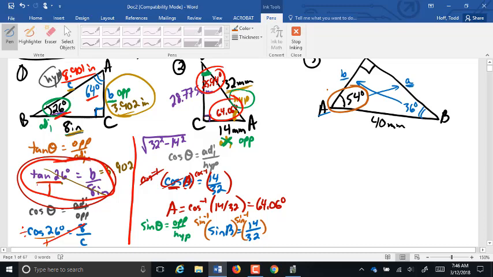Using my given angle of 54 degrees, B is which leg? Adjacent, because it touches the angle. That would make A opposite, and the 40 is my hypotenuse. It's across from the right angle.